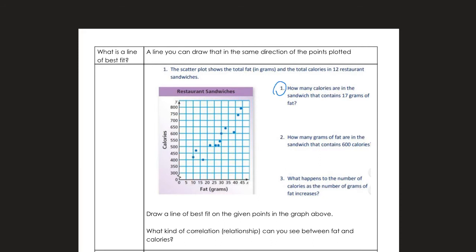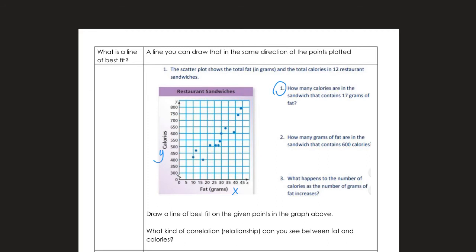It's telling us that our X value is the fat in grams for sandwiches, and then our Y value is the calories. So it's asking us how many calories are in the sandwich that contains 17 grams of fat.